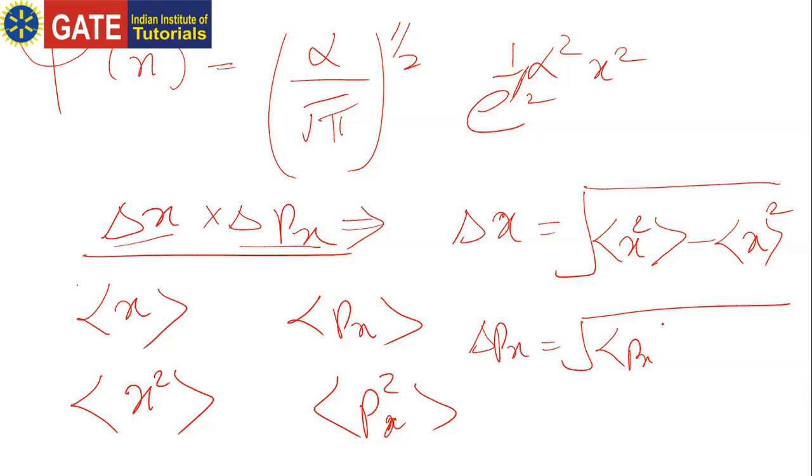H cross by 2. Yes, h cross by 2. Okay, that is fine. Delta x into delta px equal to h cross by 2. You can use that formula. Finally, you should get that answer: delta x into delta px equal to h cross by 2.